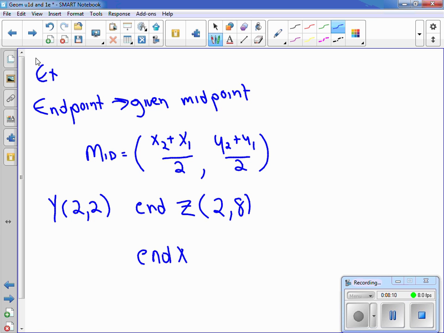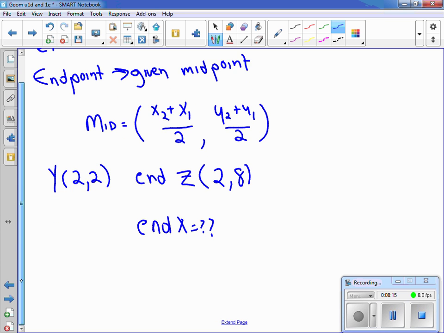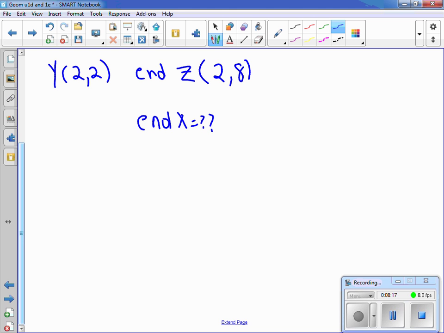We don't know it. So this is what we're going to do. We're going to plug into our midpoint formula and manipulate it. So we know our midpoint is 2, 2. Our first x value is 2. And we still don't know the other, so I have to leave it as a variable x, divided by 2. And this is the first y value.